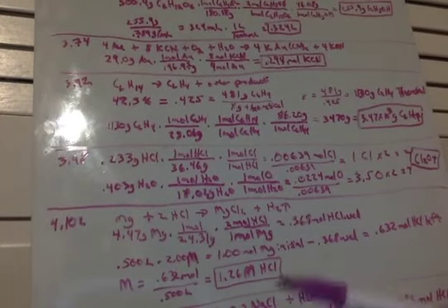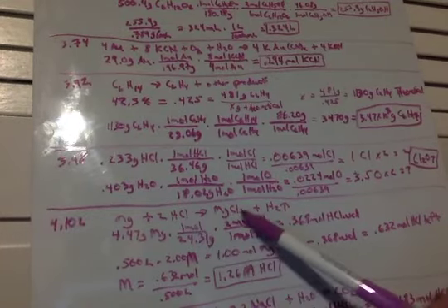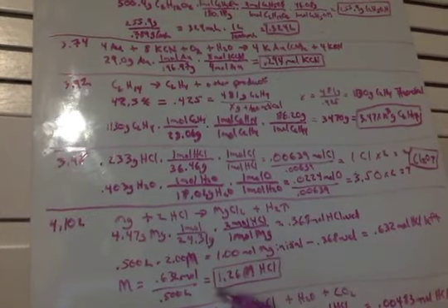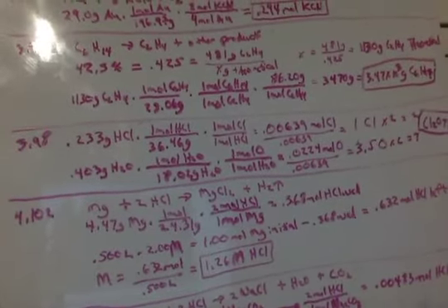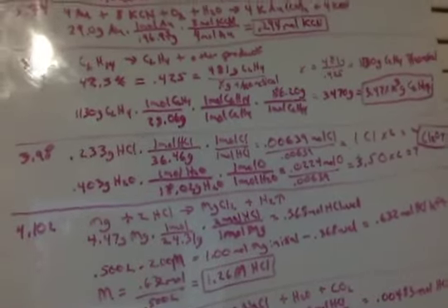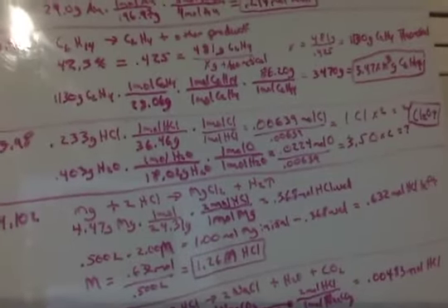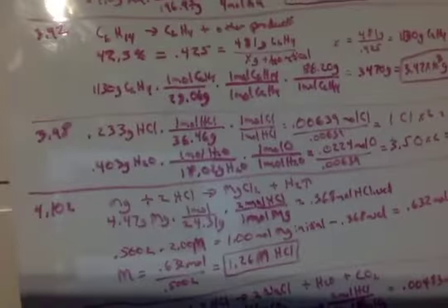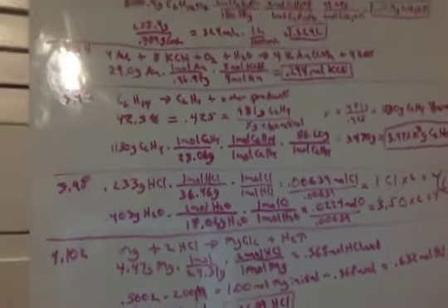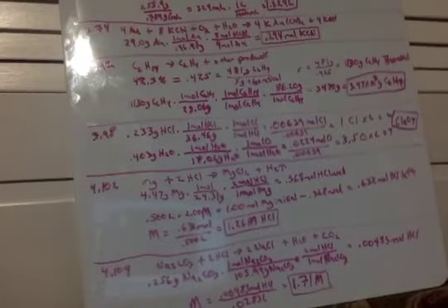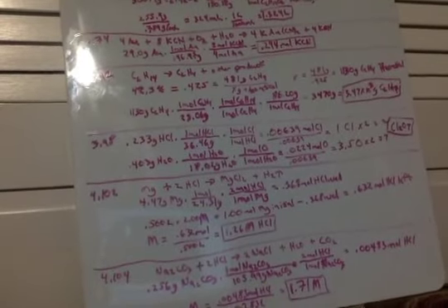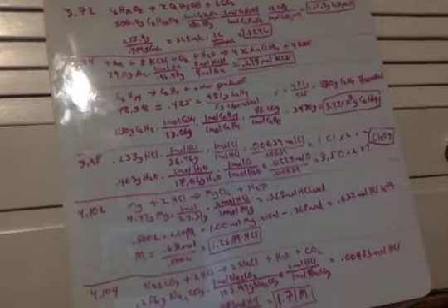4.102 looks at the reaction between magnesium and hydrochloric acid to make magnesium chloride and hydrogen. 4.47 grams of magnesium will be divided by 24.31 to get moles, and then times 2 to get the moles of HCl.